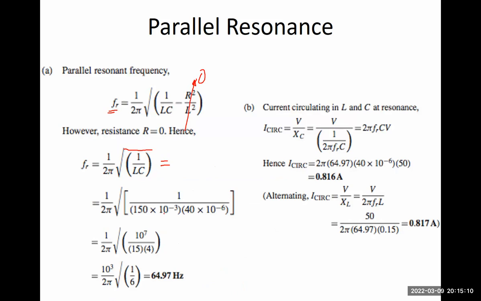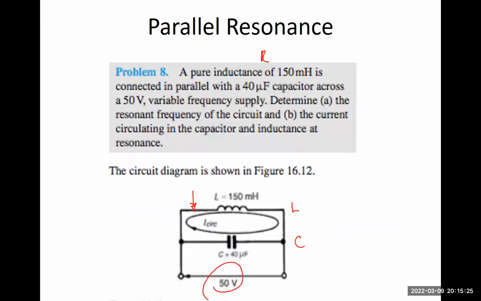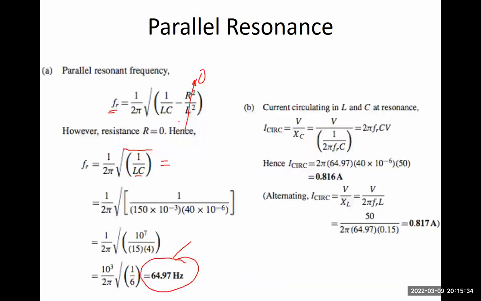Substituting all the values for L and C, we determine the resonant frequency equal to 64.97 Hertz. That satisfies letter A, finding the resonant frequency of the circuit. Now let's find the current circulating in the capacitor and inductor.